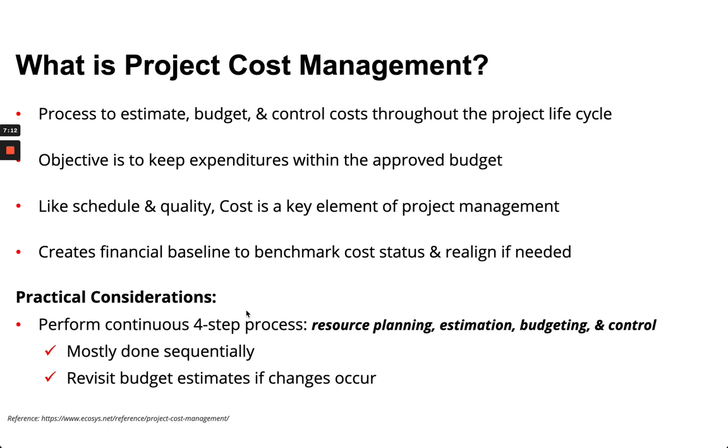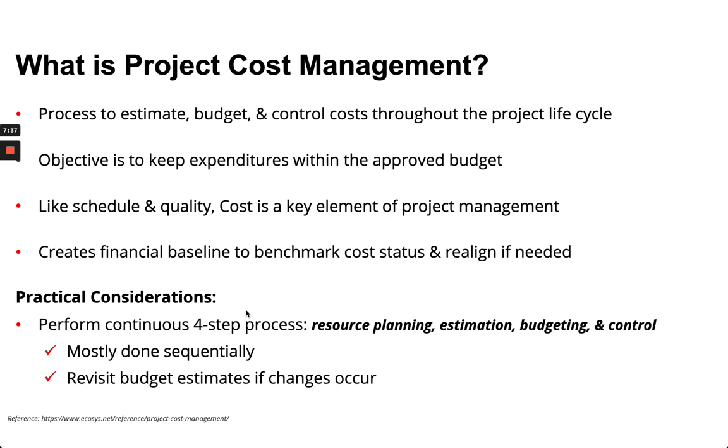It's simply put, the process to estimate, to budget, to control throughout the life cycle. Like scheduling and quality, cost is a key element of the project management 10 knowledge areas. It creates that baseline for financing and realigns it accordingly.